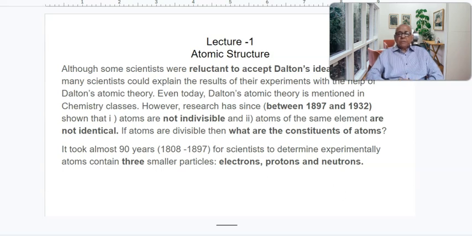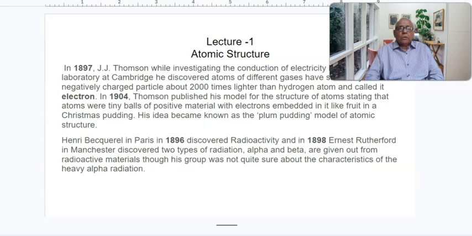If atoms are divisible, what are the constituents of atoms then? 90 years of research finally resulted in the finding that atoms have 3 particles: electrons, protons, and neutrons.